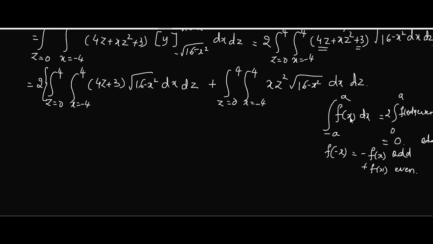Odd function, because odd into even is always an odd function. Why am I using the concept? What are the limits here? Isn't it in the form minus a to plus a? Correct? So if you have minus a to plus a, what can I write straight away as the value of this second integral? Isn't it 0? It means my work will be done. Much of the work is reduced.